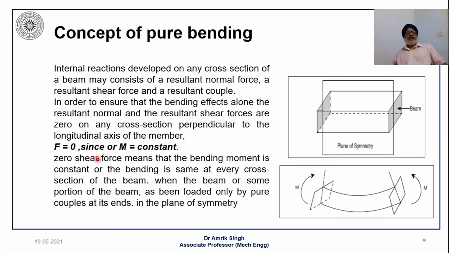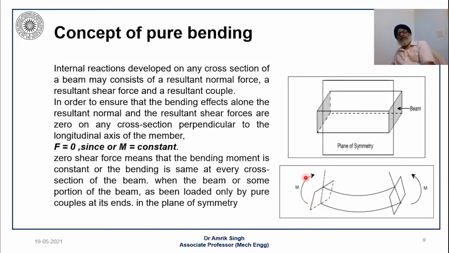So F is equal to 0, or M is equal to constant. A zero shear force means that the bending moment is constant, the bending is the same at every cross section of the beam, when the beam or some portion of the beam has been loaded only by pure couples at the end in the plane of symmetry.